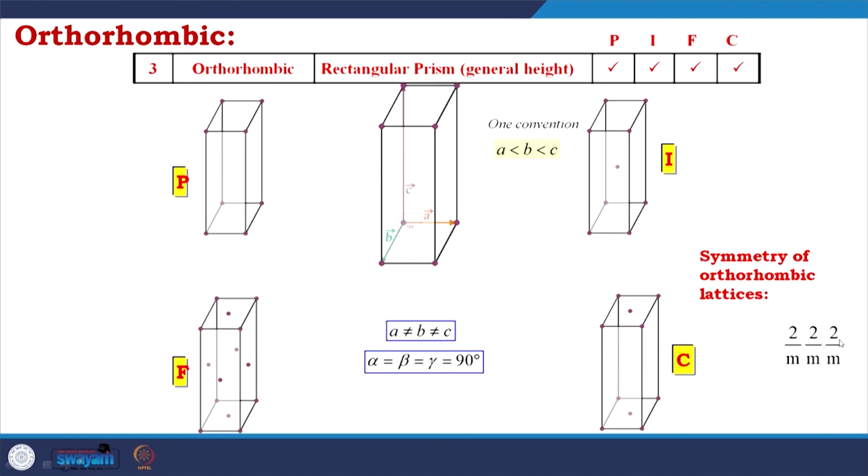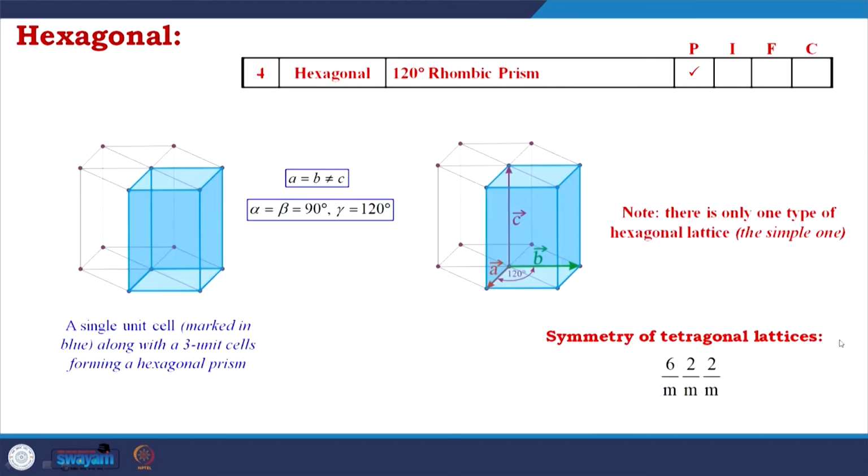Orthorhombic has all the types: primitive, body centered, face centered, C centered. A not equal to B not equal to C. Angles alpha equal to beta equal to gamma equal to 90 degrees. Symmetry 2 by m, 2 by m, 2 by m. Hexagonal, you will note that there is only primitive.